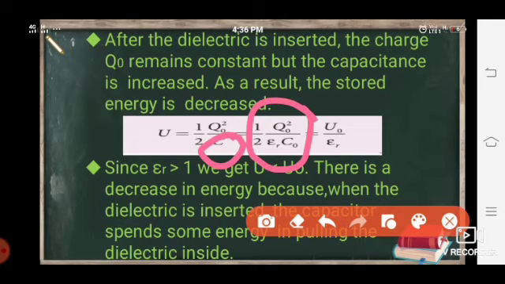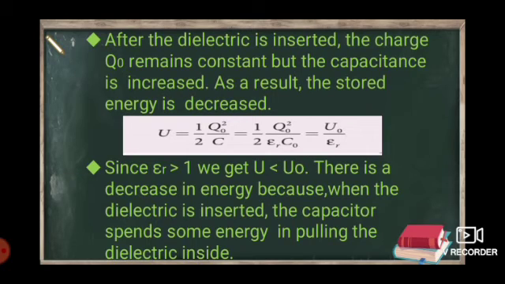So from the equations we can write 1 divided by 2 Q naught square divided by C naught, which is U naught, divided by epsilon r. From the equation, epsilon r is greater than 1. Already you know that the relative permittivity is greater than 1. So if epsilon r is greater than 1, the U is always less than the U naught.